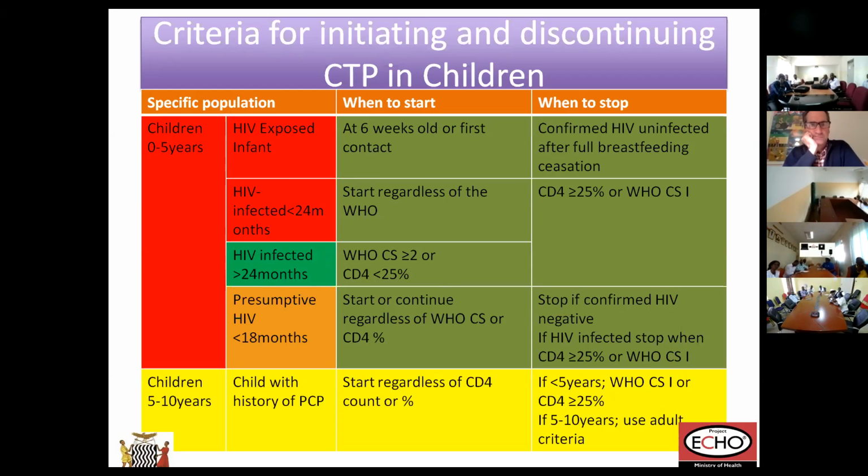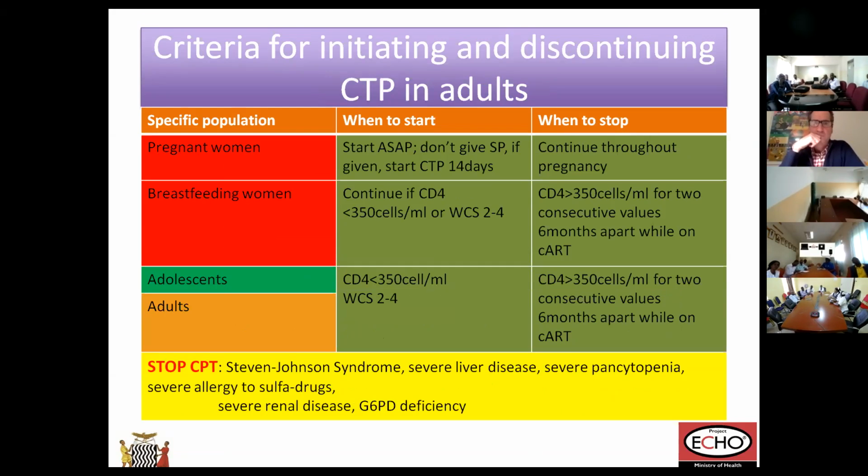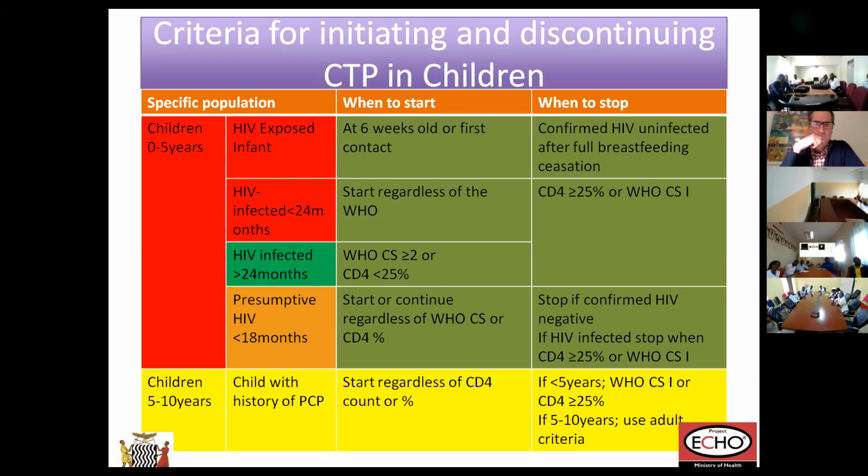For HIV-infected children who are above 24 months, the indication for starting is WHO clinical stage 2 or greater, that is 2, 3, or 4, or a CD4 less than 25%.